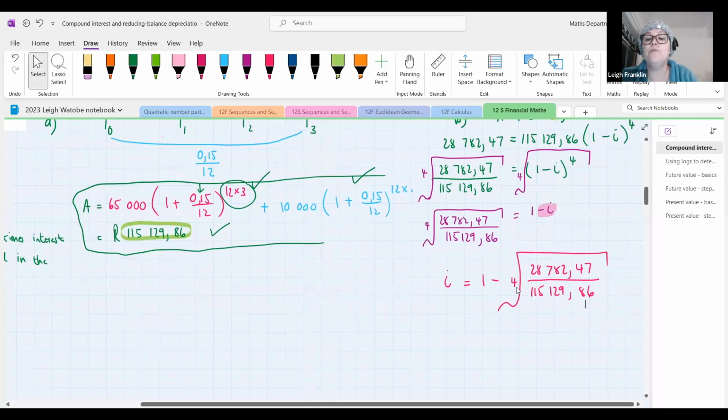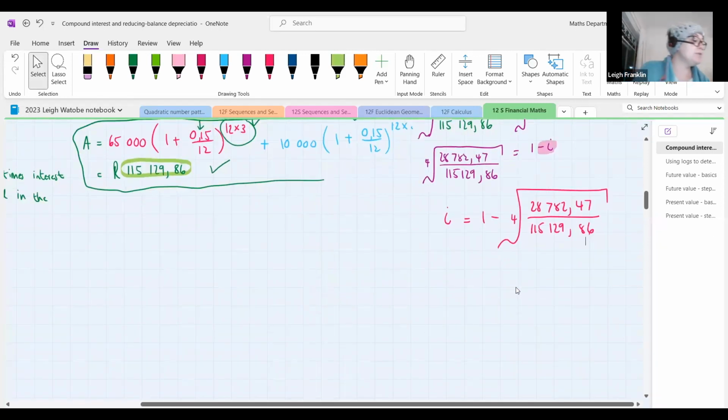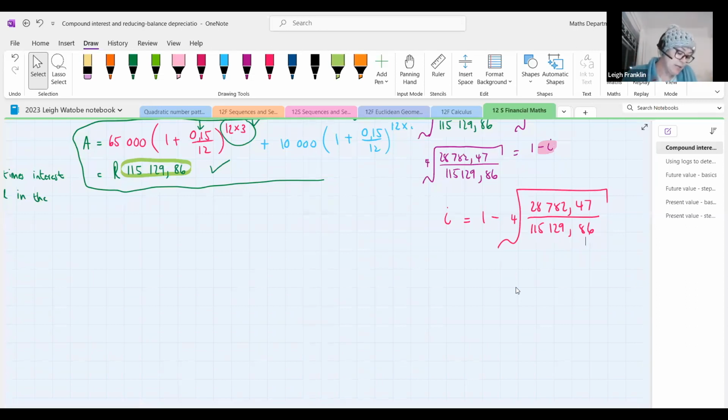Then for your final answer, because they want a rate, you've got to remember to multiply it by 100. Okay, so let's see what we get here.